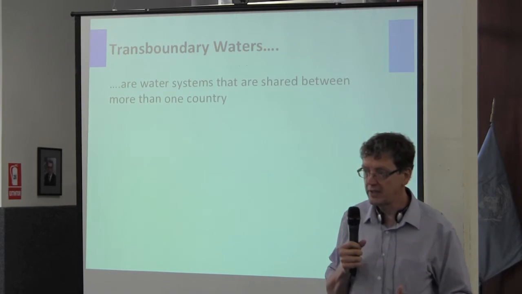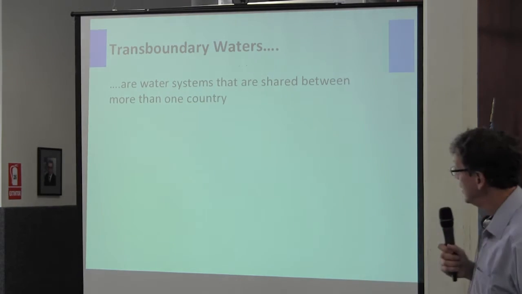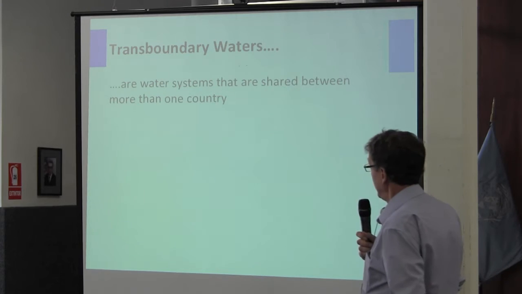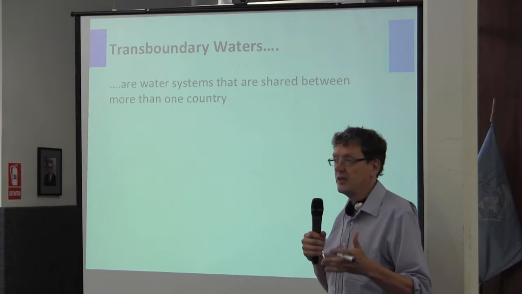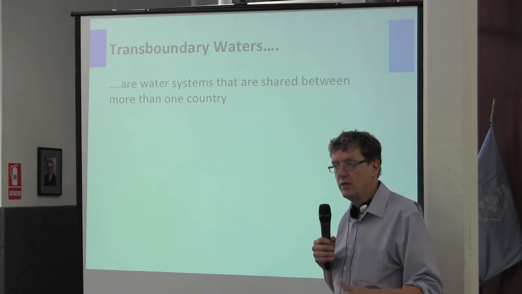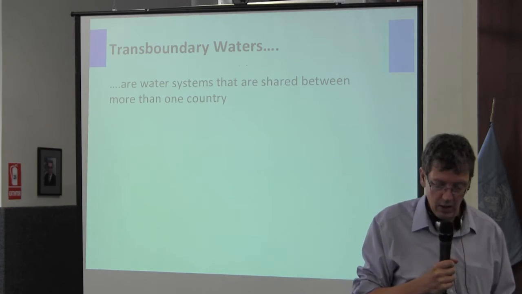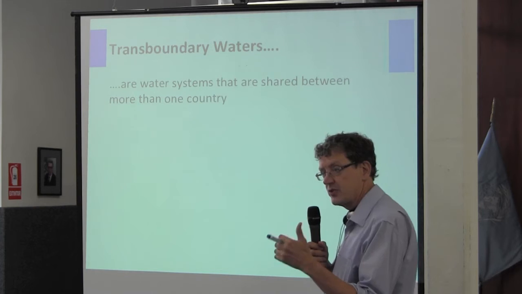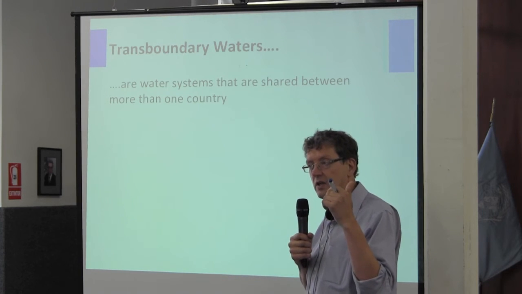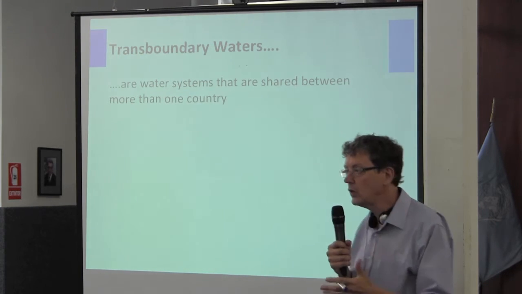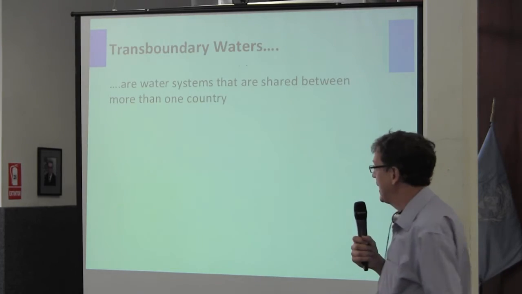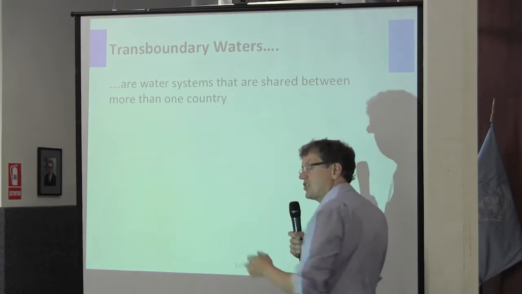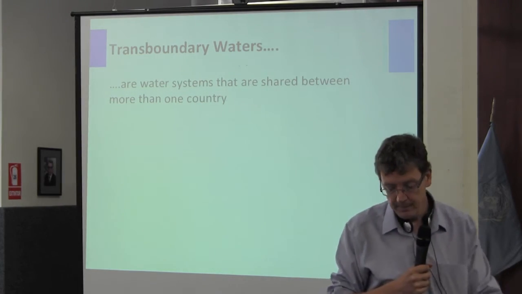So much more complexity, many more countries. Lake Chad, I think it's 5 countries. The Rio de la Plata project, the Maritime Front project, is just Uruguay and Argentina. But in all instances, it is about water systems that are shared between more than one country.